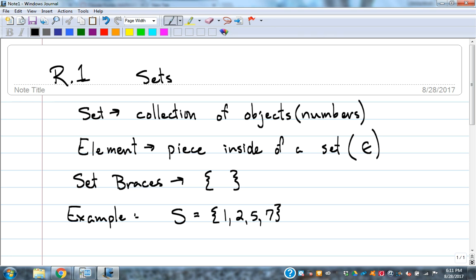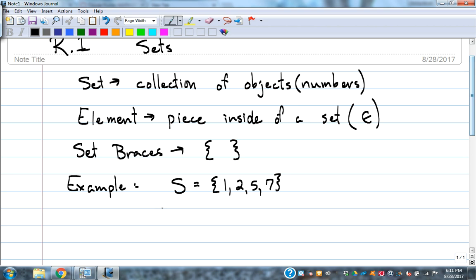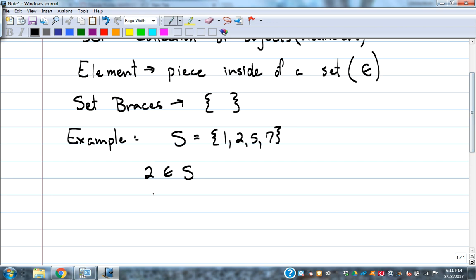So we could say that 2 is an element of S. That's how you would say that. 2 epsilon S means 2 is an element of S. That's how you would read that.